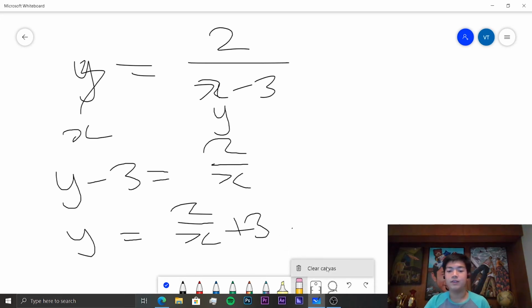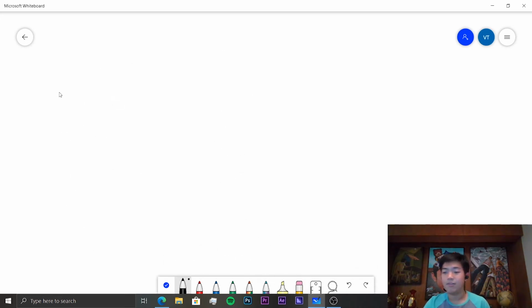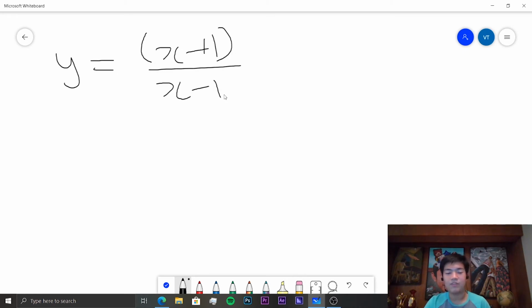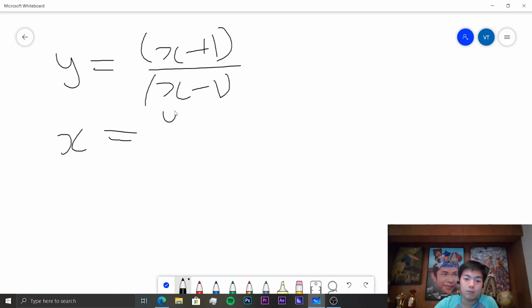Now we're on to the final function, and that would be y is equal to x plus 1 over x minus 1. Find the inverse. Well, we have x is equal to y plus 1 over y minus 1. And so therefore, let's multiply x by y minus 1.